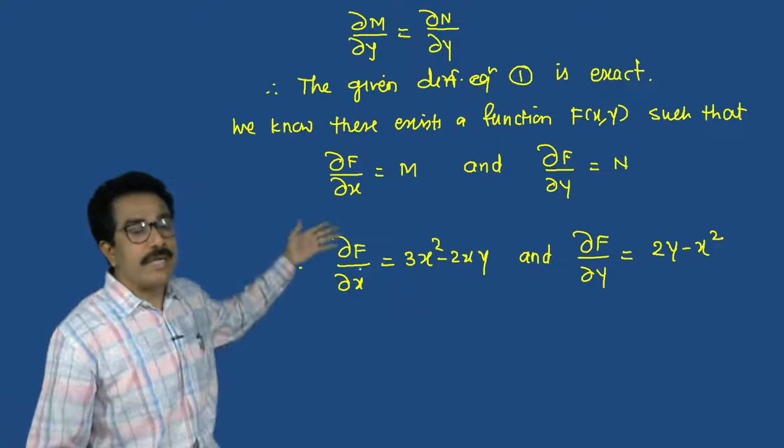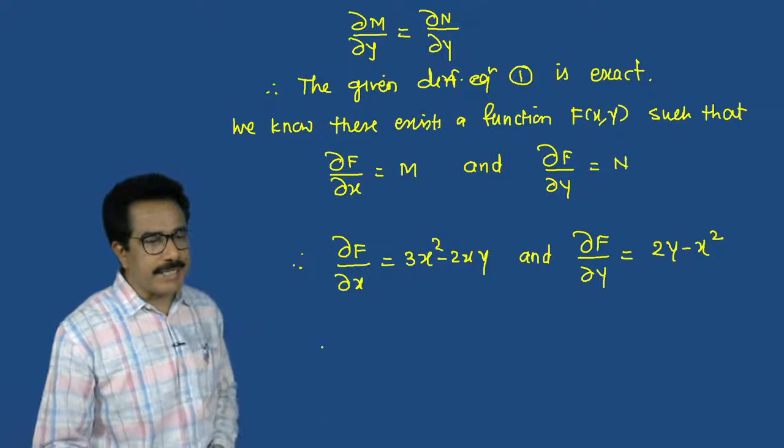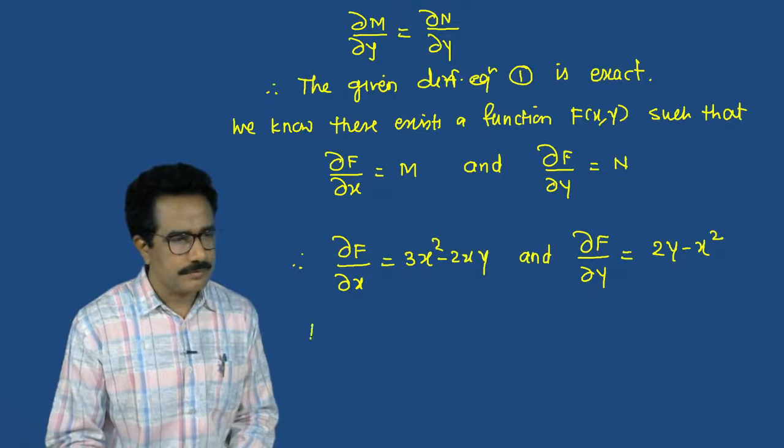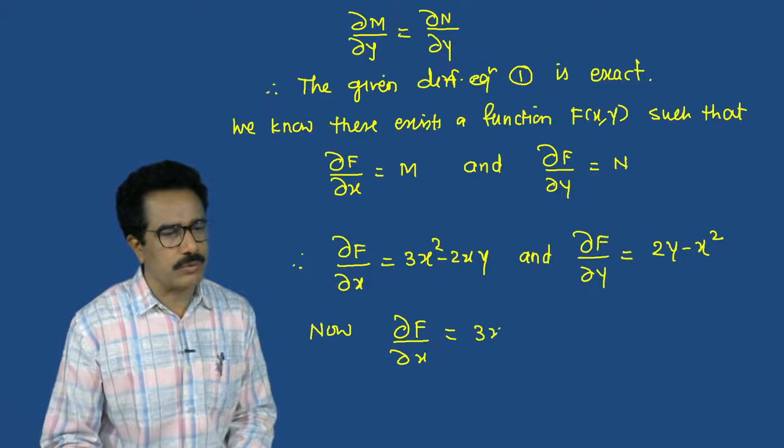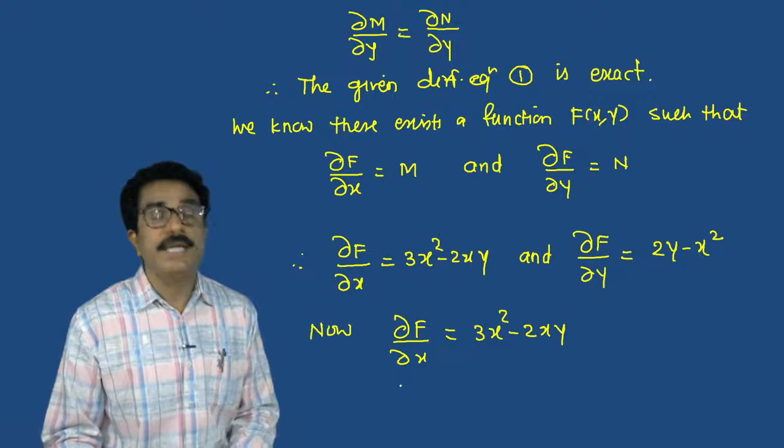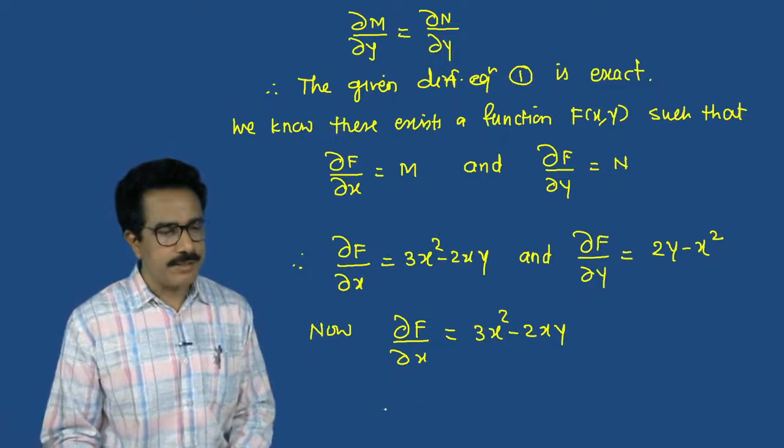Now we have to calculate F. So by integrating ∂F/∂x equals 3x square minus 2xy with respect to x.